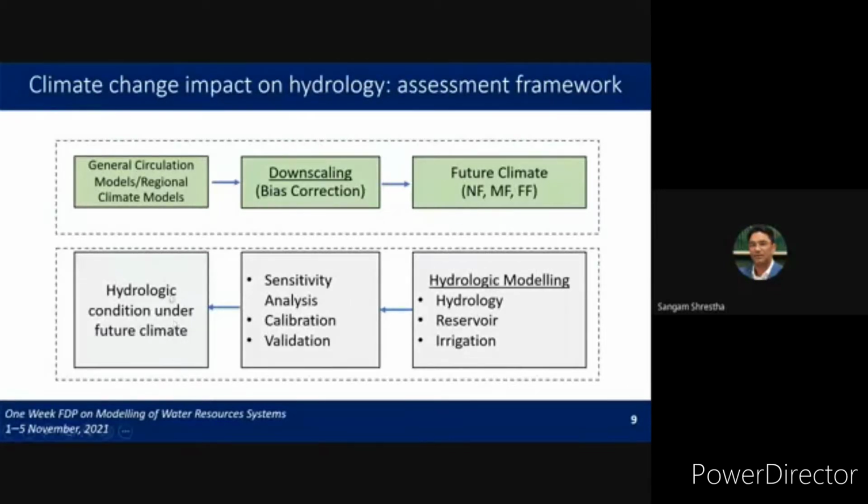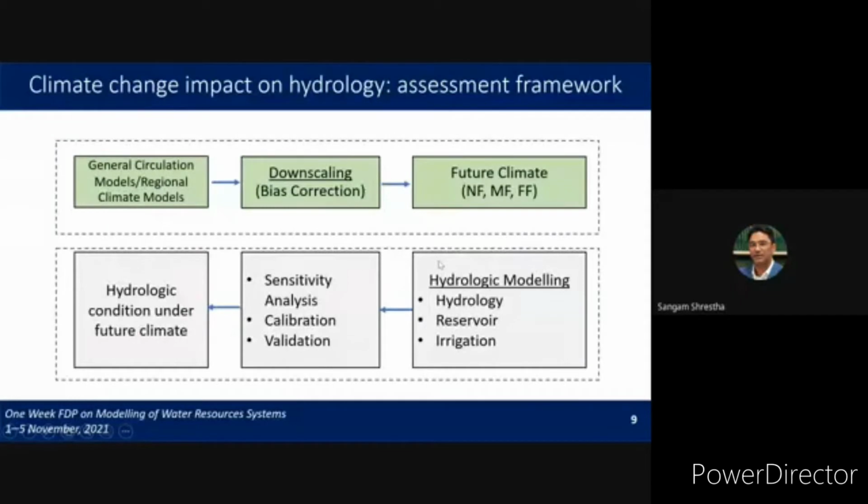But before we use the hydrological models, we have to calibrate or validate these hydrological models to see whether they are really capturing the hydrological processes of the given watershed or the given river basin to simulate the climate change impact on the hydrology and water resources. So this is the general modeling framework to assess the climate change impact on the hydrology.